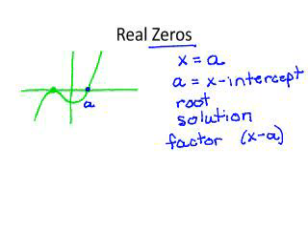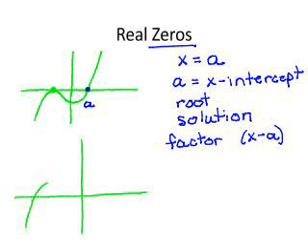Okay. If I have this curve, let's take this. Okay. So I can see that it's crossing here and here and here and here.